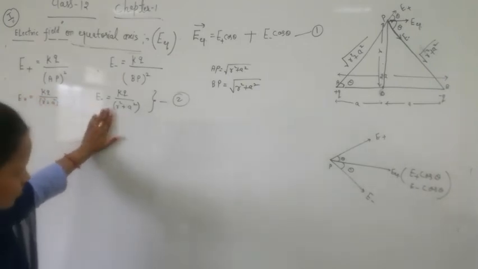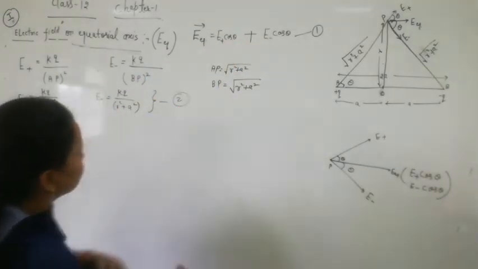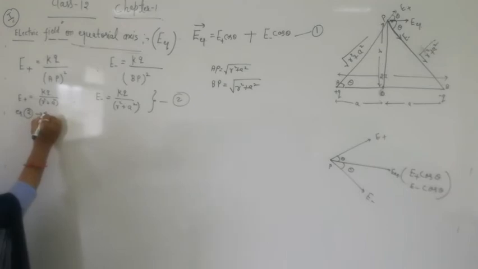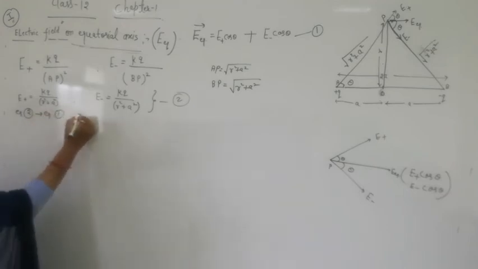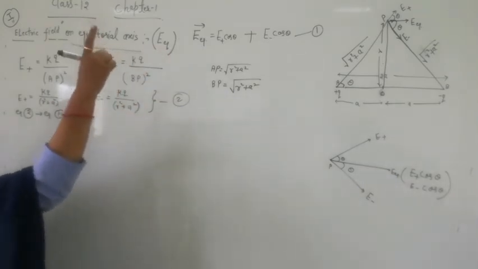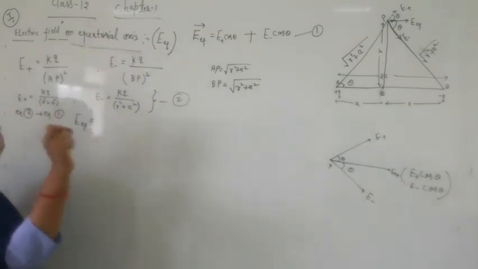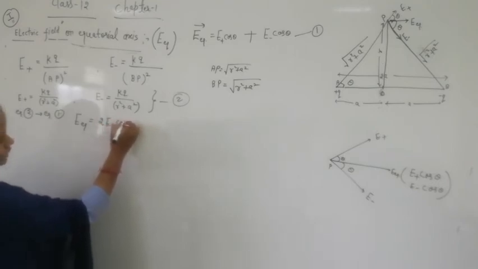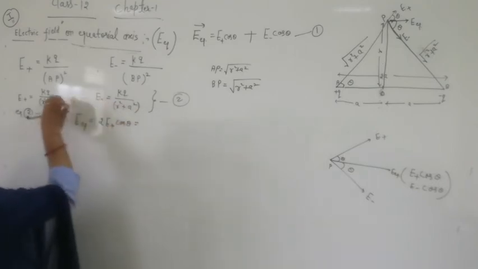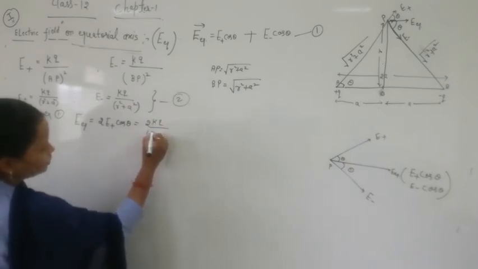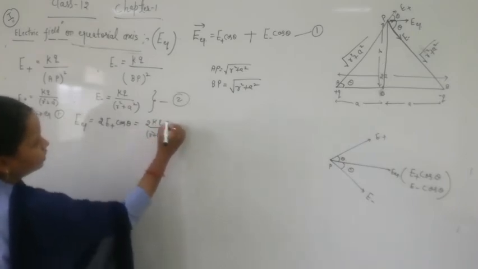We put this value of equation 2 into equation number 1. So E equatorial, since E plus and E minus are the same, we add them: 2E plus cos theta, which is 2kq upon r square plus a square cos theta.